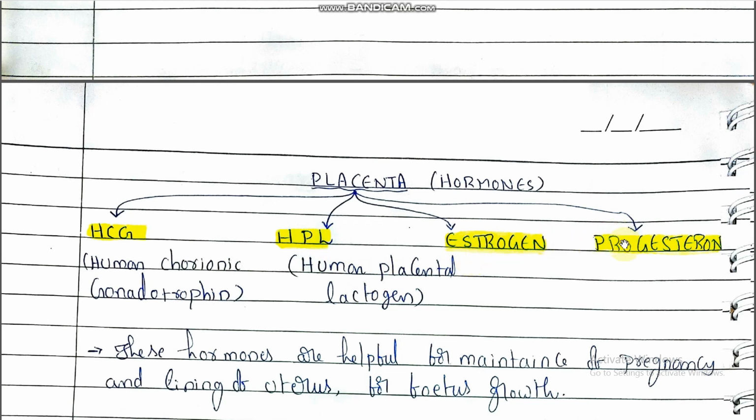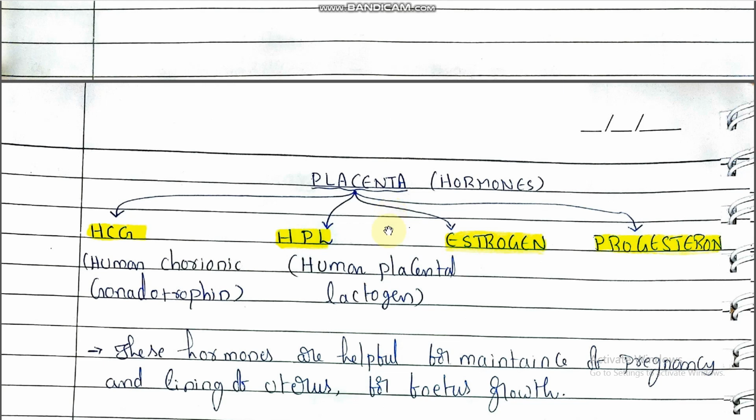Just observe here: estrogen and progesterone are released from where? Do you remember or not? Estrogen is secreted from the ovary, and progesterone is secreted from the corpus luteum of the ovary after ovulation. During the normal menstrual cycle it is so, but at the time of pregnancy, estrogen and progesterone are secreted from the placenta, not from the ovary.